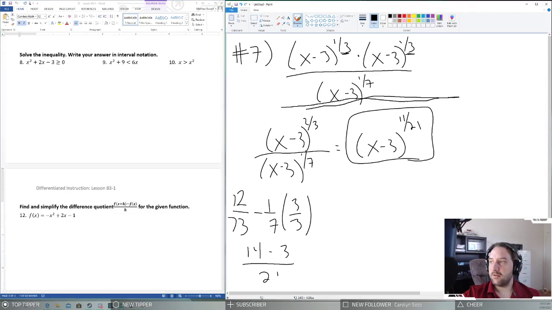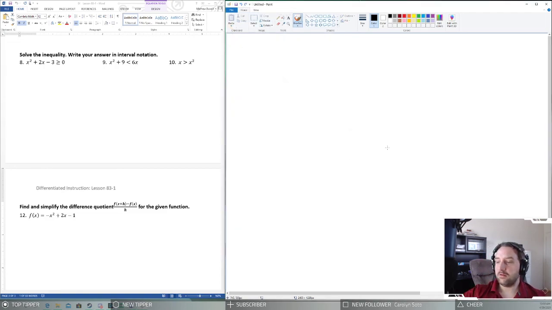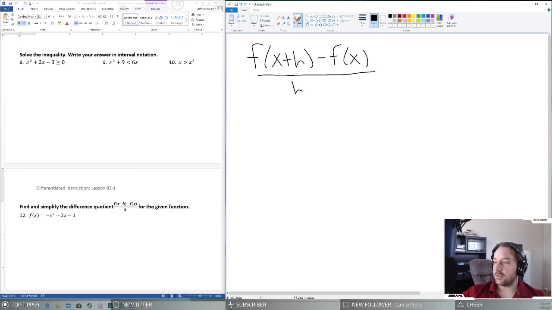Here, I'll set up the difference quotient, because I'm pretty sure a lot of us know it. It's just setting it up. So the f of x plus h minus f of x over h. So that means plug in x plus h.